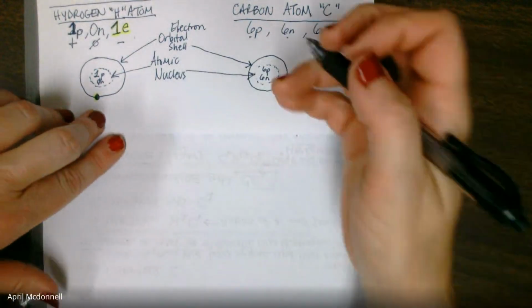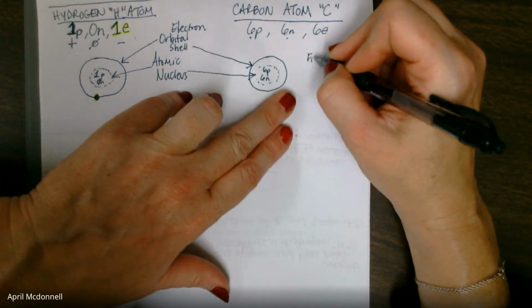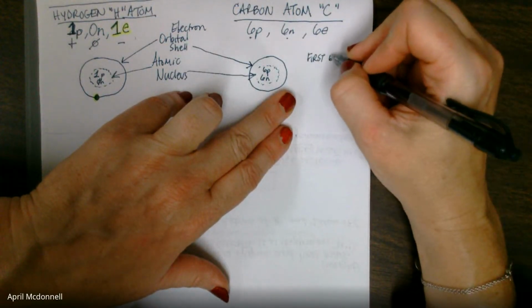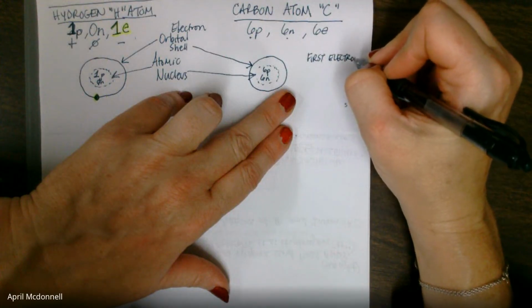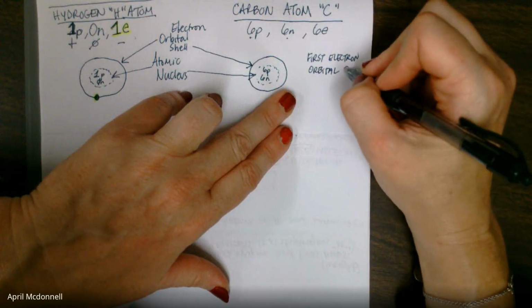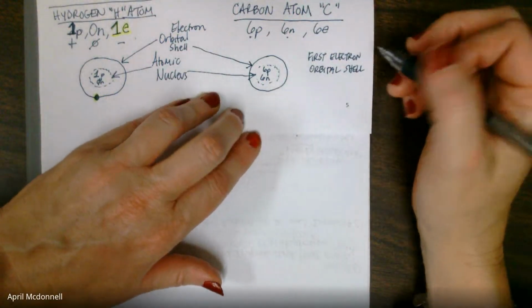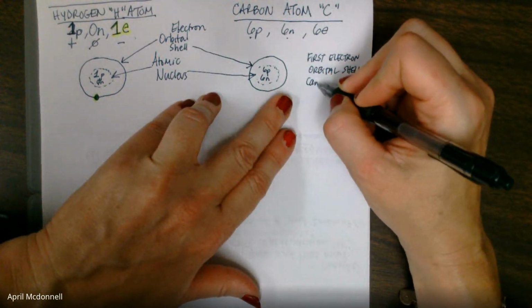Well, it turns out that the first electron orbital shell can only hold a total of 2 electrons.